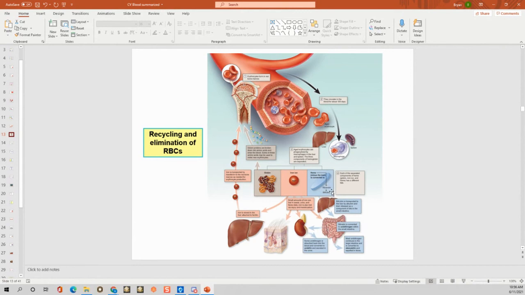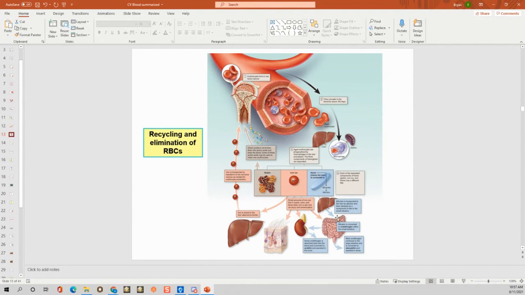Bilirubin, when you guys go to study this, make sure you follow this flow chart where it's transported to the liver. What's going to happen to it in the liver? How does it end up going through the liver? By albumin, you know, that transport protein that actually helps with osmotic potential. Well, it's moving that bilirubin around.